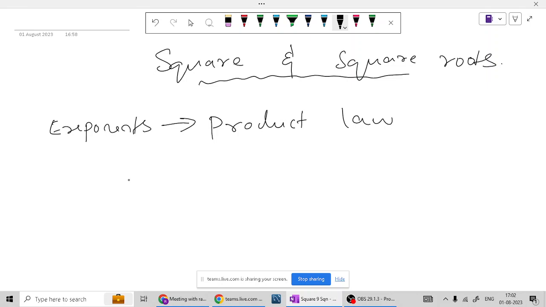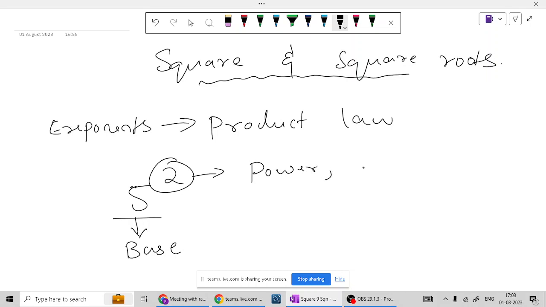Take 5 to the power of 2. What do we call this 5? Base, sir. Yes, 5 is known as the base. And this 2 is the exponent. We call it power, degree or exponent.